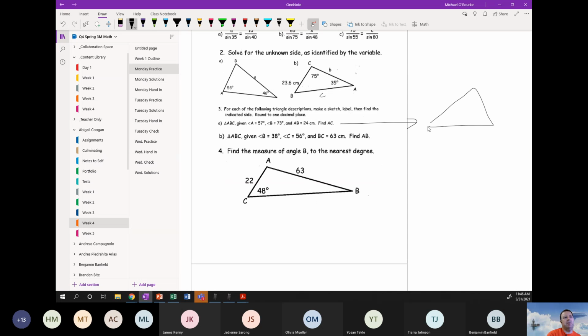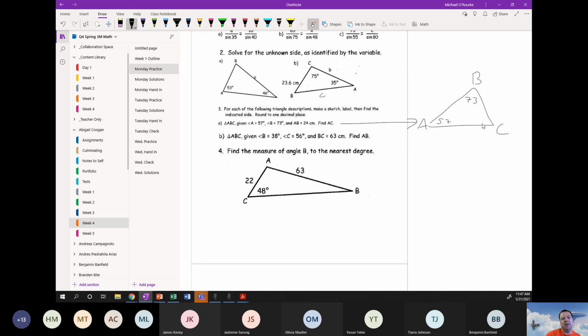So first things first, just draw a triangle, say A, B, C. Okay. It says angle A is 57. So I put the 57 right there. Angle B is 73. 73 is right here. How could I find angle C? Could anyone tell me how to find angle C if I wanted to? This is reaching back to grade 9 stuff.